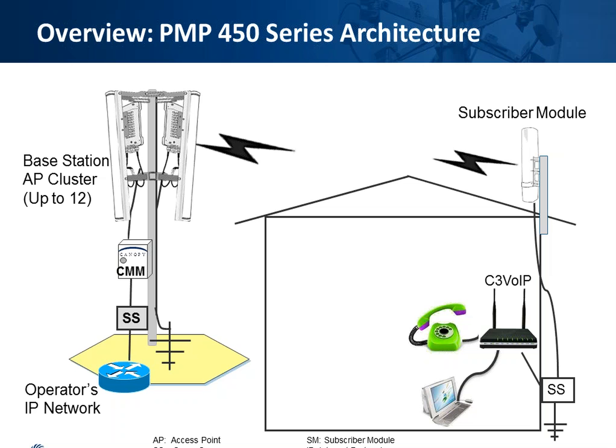That is pointed at a subscriber module. The subscriber module is the customer premise equipment, which is connected by a single Ethernet cable and can be connected to a CNPilot device. We used to call it a C3 VoIP. But it's a CNPilot device that can provide internet in the home as well. So it's a very simple architecture.